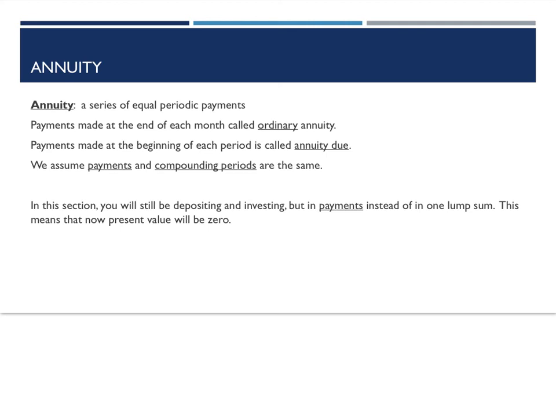Instead, like most people, you can only afford to put aside a certain amount of money each month. So an annuity is a series of equal periodic payments. So it's kind of like we promise ourselves we're going to set aside this amount of money each month or each pay period.